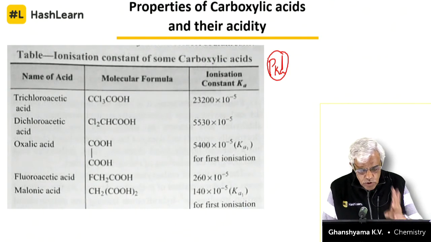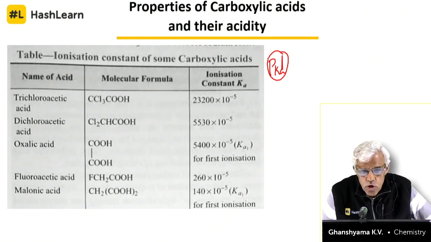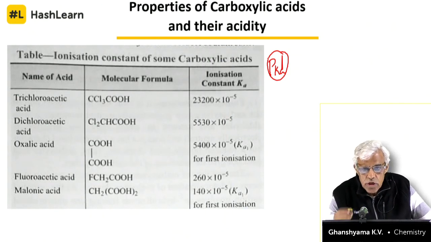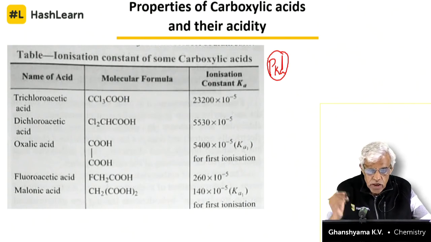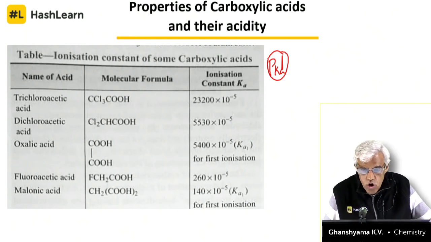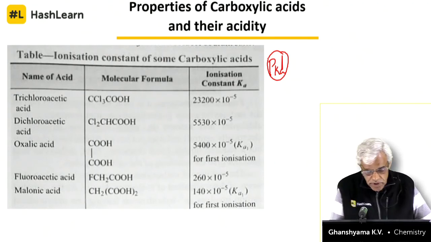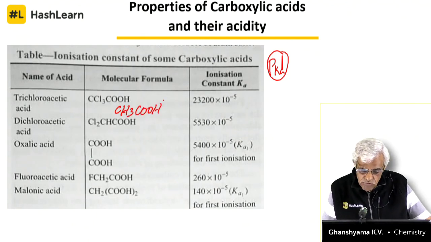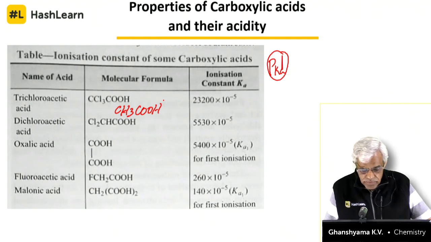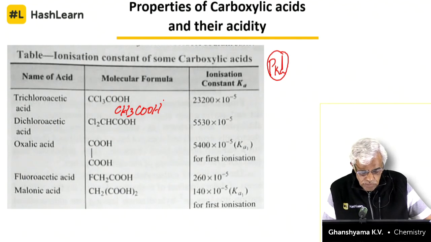CCl3COOH has 3 chlorine atoms which pull the electrons. Therefore, its value is 23,200 into 10 to the power of minus 5. Very strong acid compared to acetic acid, CH3COOH, whose value is 1.75 into 10 to the power of minus 5.